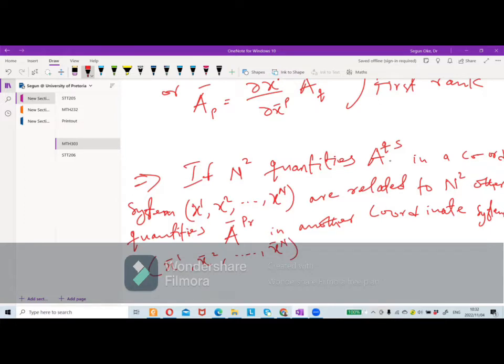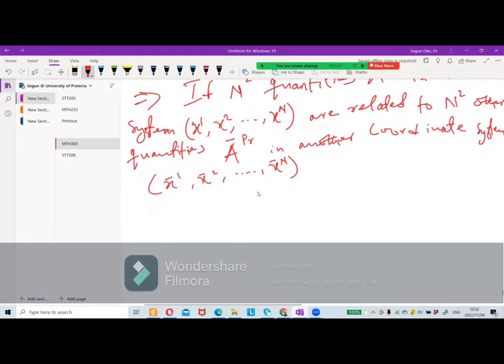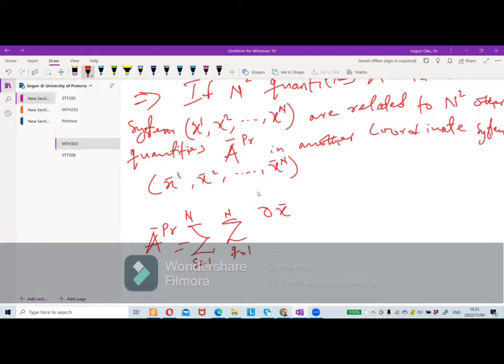By the transformation equation, we have the following. We have A bar PR equivalent to the summation, for s equals 1 to n, summation over q equals 1 to n. So for us to write this one, we have the x bar, don't forget, raised to power p over the x raised to power q.